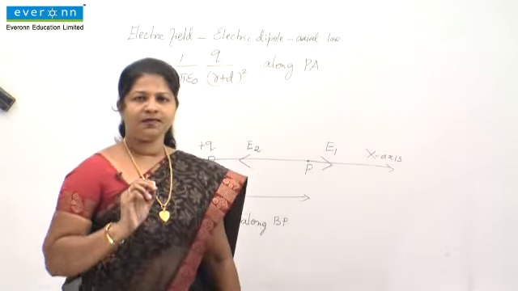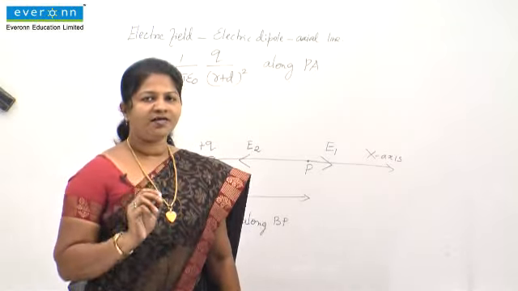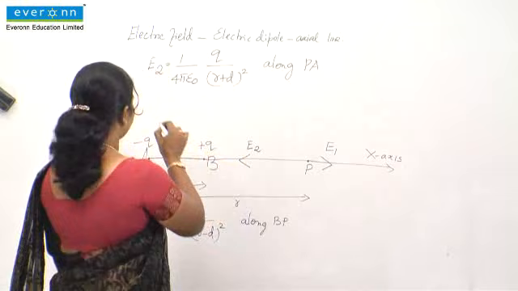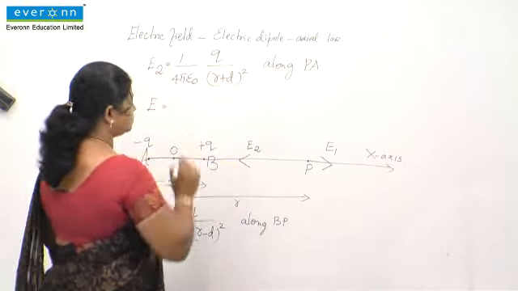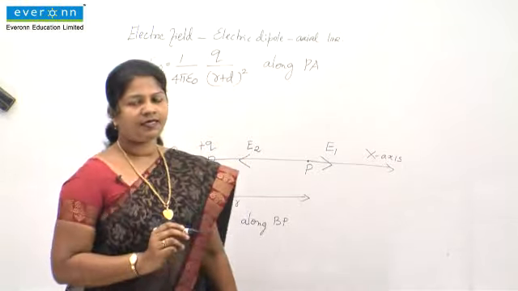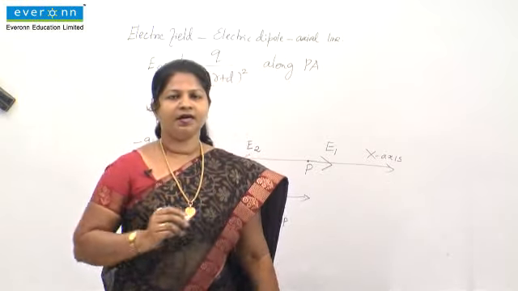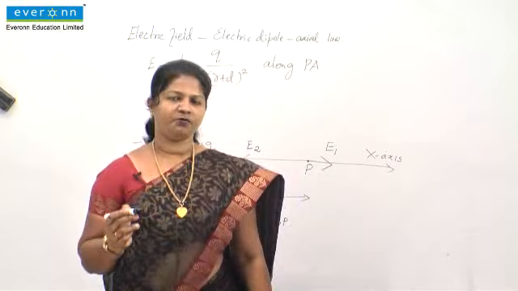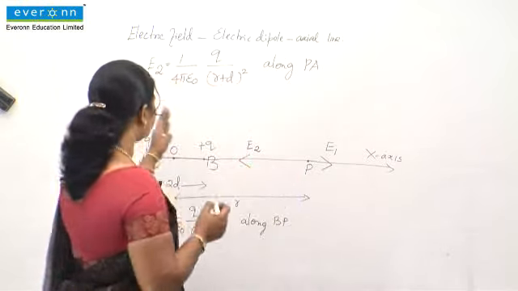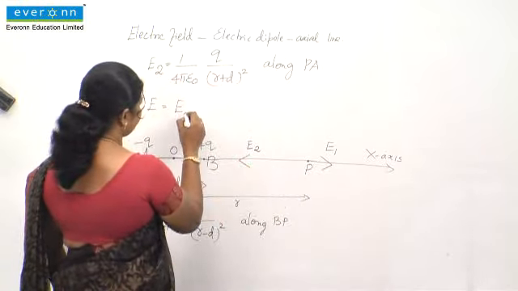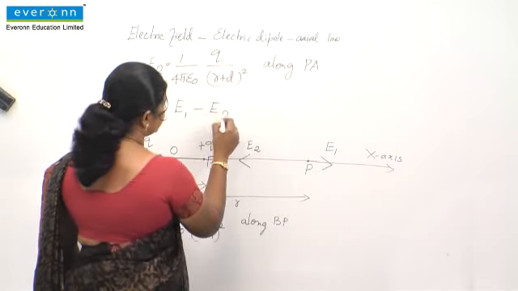So, we have found E1 and E2. Now we have to calculate the resultant electric field, E. If you see E1 and E2, the charges are equal and opposite, and the electric fields are also opposite in direction. So, the resultant field will be E1 minus E2.